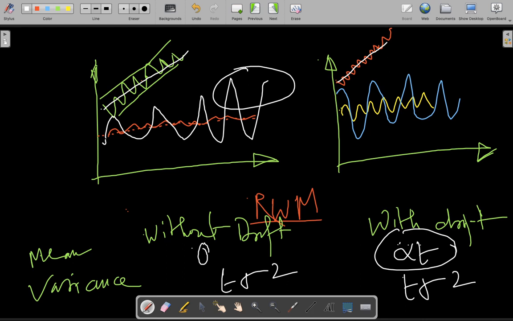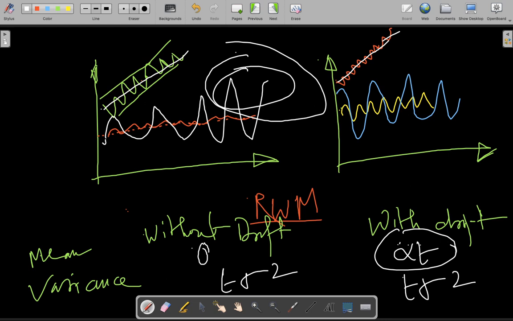So this is not a mean stationary process. It could be variance stationary, but we check the variance and see it is t sigma square, which means my variance is also increasing. Which is again something like this.